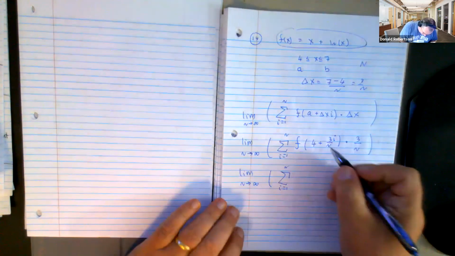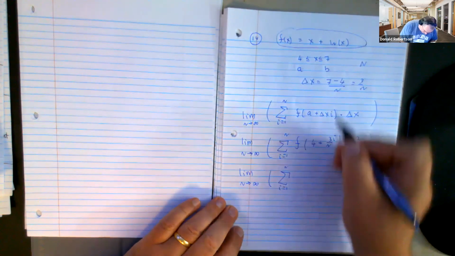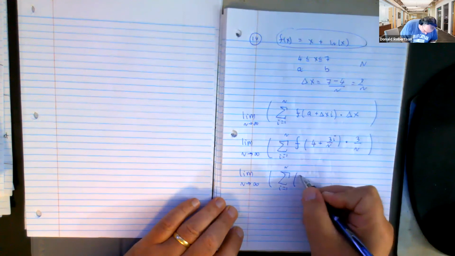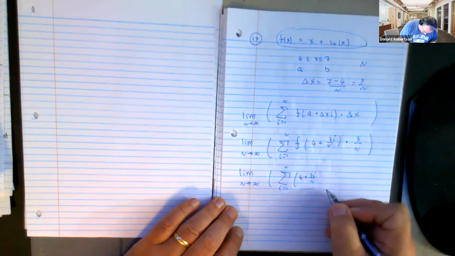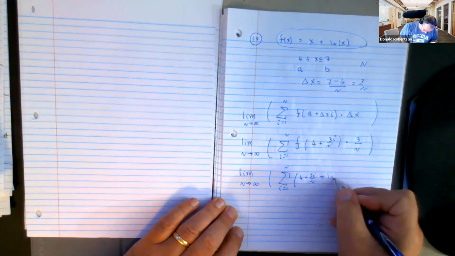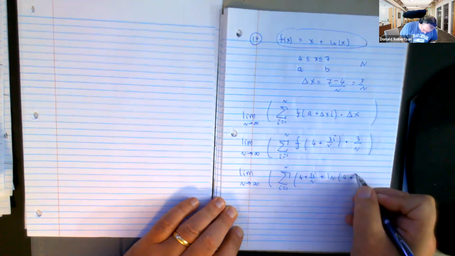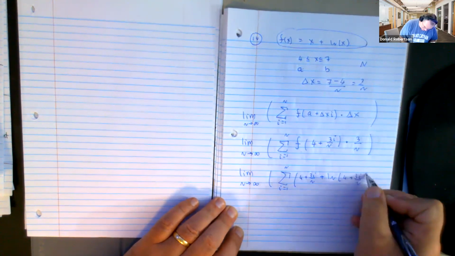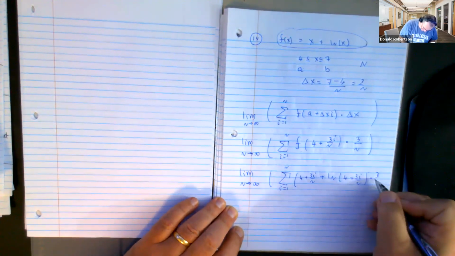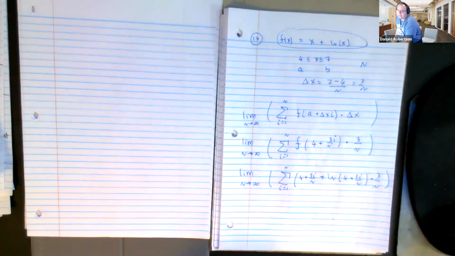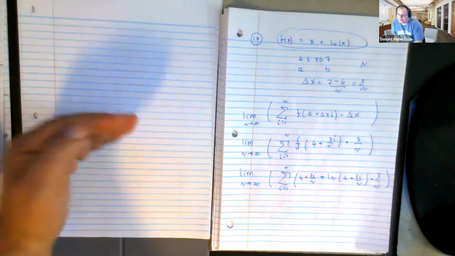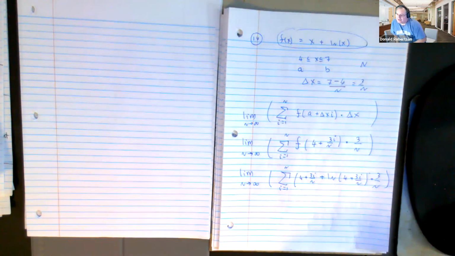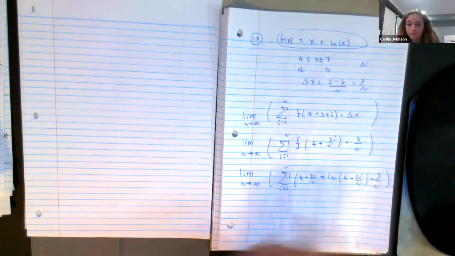So instead of 4 plus 3i over n, that goes there, it's going to be x, which is that guy, plus the natural log of x, which is also that guy, times 3 over n, and you're finished. So you're not actually needing to do that 2-page stuff that we did in the previous question. They just get to there and call it good. Okay.